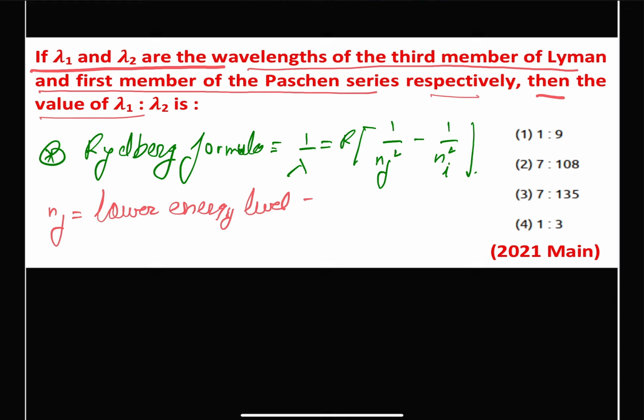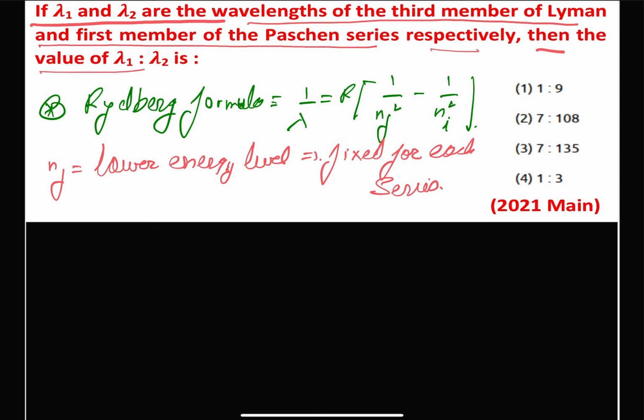We have to remember this lower energy level is fixed for each series, and ni is the high energy level, which varies from series to series, or sometimes it is called with member number also.